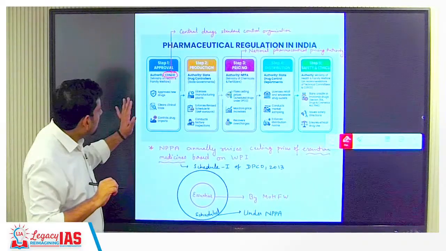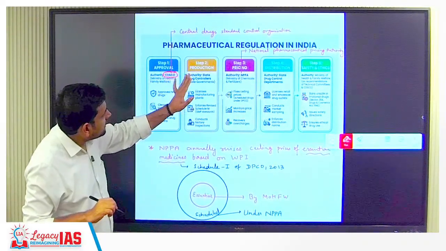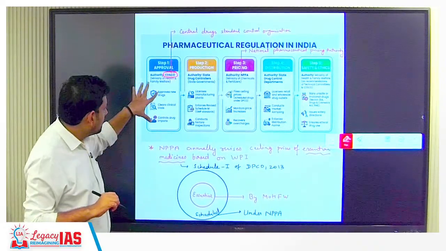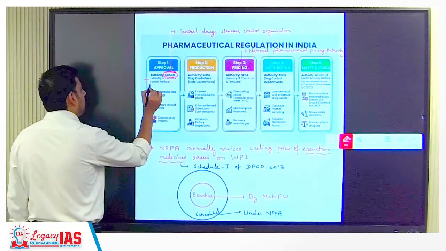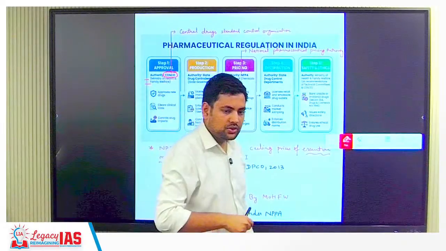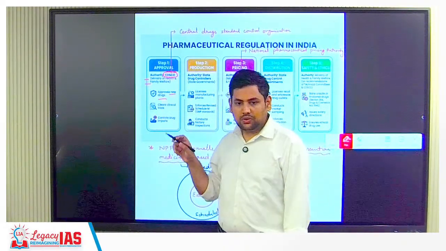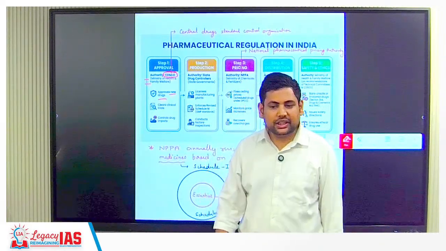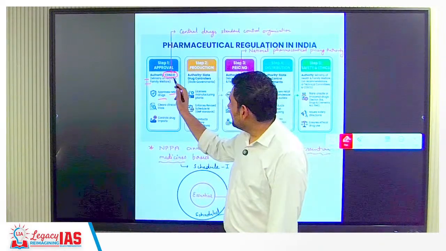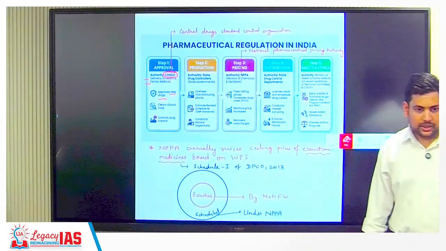Now what is this? This is Central Drugs Standard Control Organization. So this is an organization under Ministry of Health and Family Welfare. Basically it will do testing of different things, approving new drugs, that this drug is safe, clinical trials of it, all those are done by CDSCO.